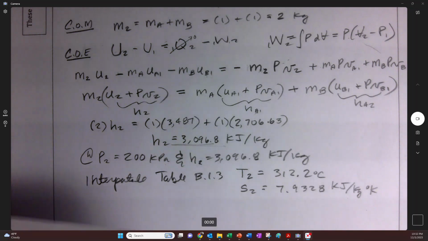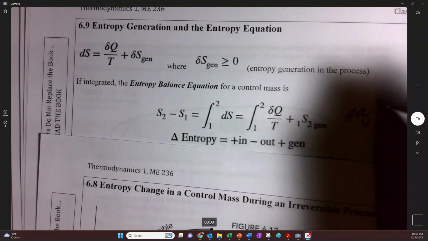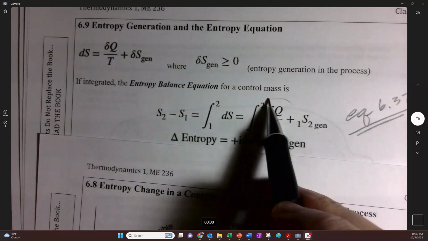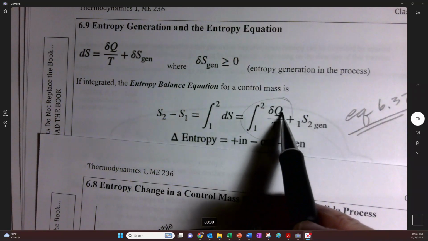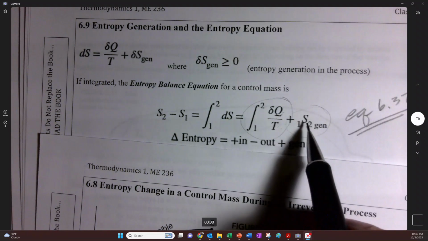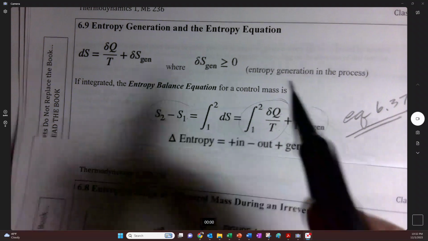All right, coming back to this main equation right here. This is equation 637, it's our main guy. We don't have any heat transfer right here, and when they ask for the generation, it's just going to be 2 minus 1.